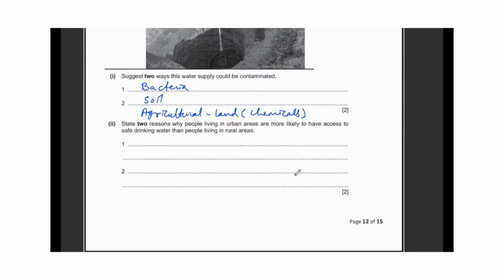State 2 reasons why people living in urban area are more likely to have access to safe drinking water than people living in rural area. Again, it is repeated why drinking water more safe in this one.